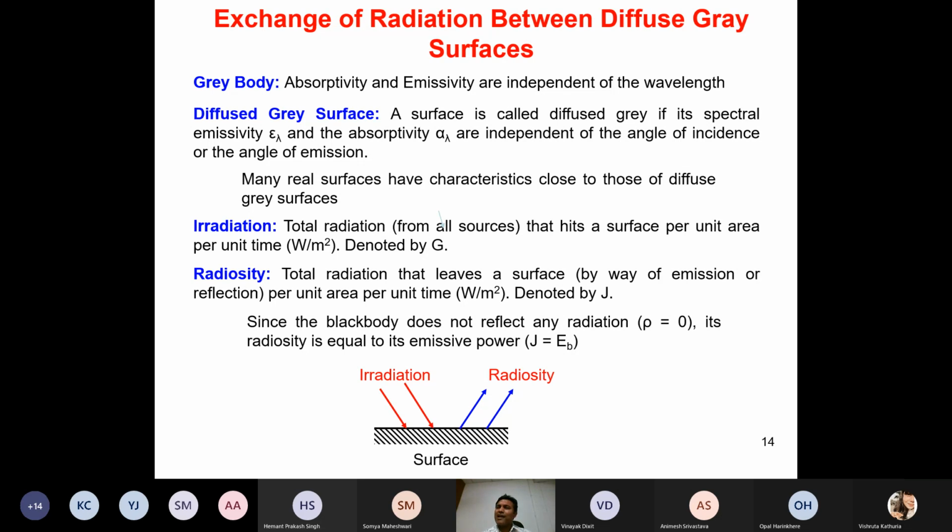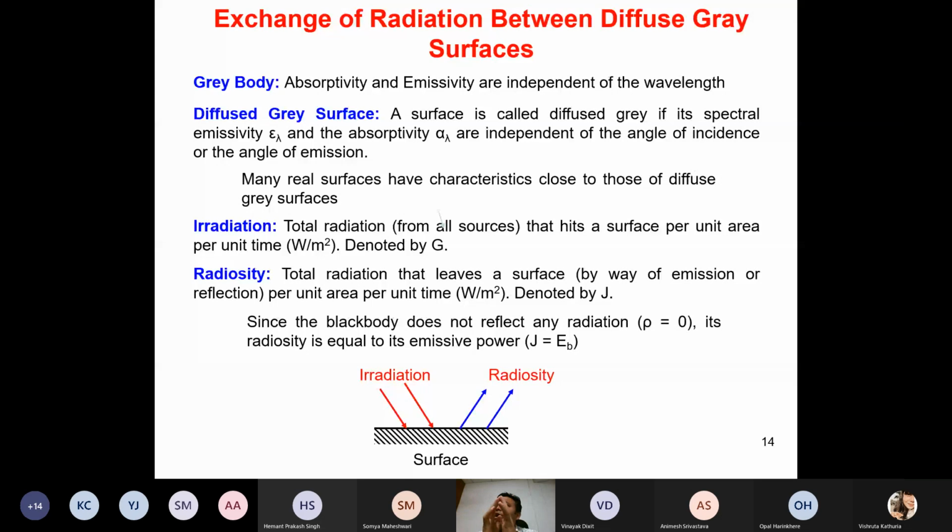They are not the same as real bodies, and not the same as black bodies, but they are in between, because the emissivity and the absorptivity are independent of the wavelength. So we can still do the analysis with respect to gray bodies. In this course, we will not look at radiation heat transfer using real bodies. Whenever we account for radiation heat transfer, we in general assume a perfect black body, or at most a gray body. Not more than that. Is it clear?